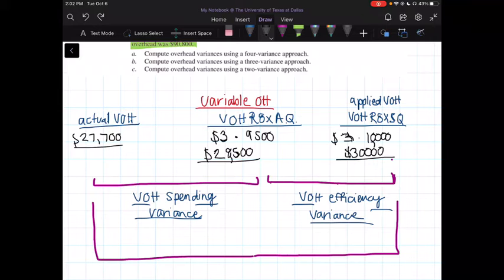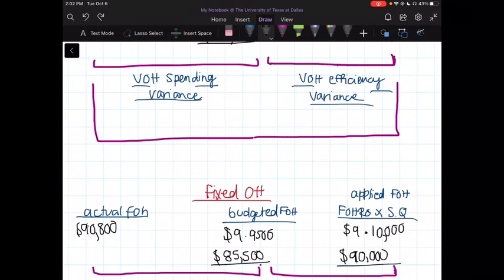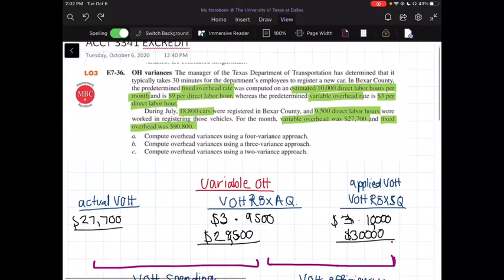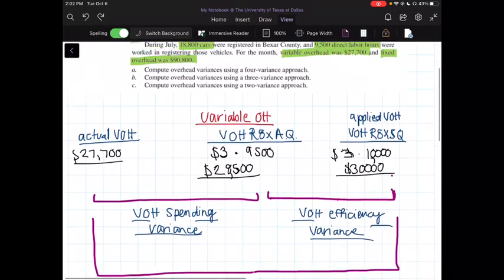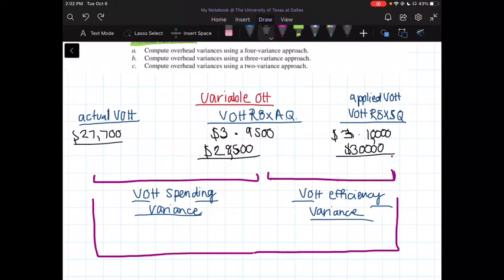For our applied variable overhead, our variable overhead rate multiplied by our standard quantity, I believe that's what it is, so $3 multiplied by our 10,000 hours, and I was able to get 30,000. Now I'm going to be calculating our favorable or unfavorable, our spending variance, our efficiency variance, and so on.